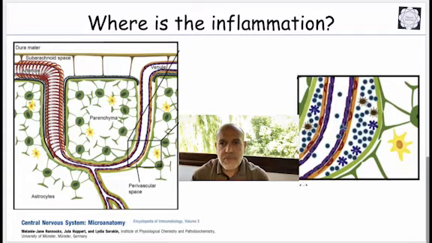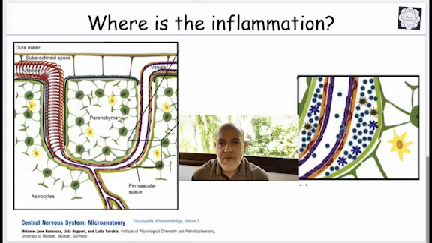When an arteriole runs through the subarachnoid space and decides to penetrate the parenchyma, it's accompanied by a double layer of pia mater, one from the periarterial zone and the other from the parenchyma zone.